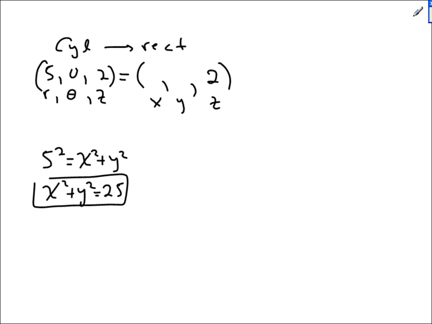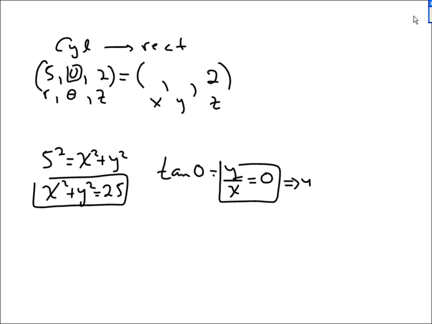And we also know that the tangent of theta, which is 0, is y over x. But the tangent of 0 is 0. If a fraction is 0, that means the numerator is 0. So y is 0.